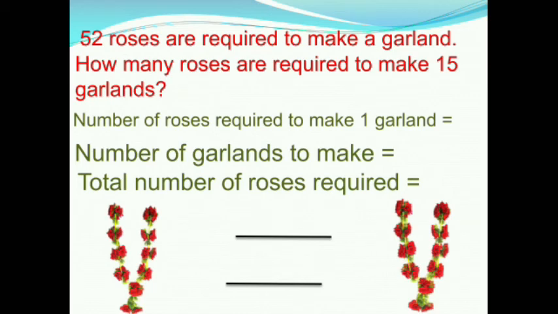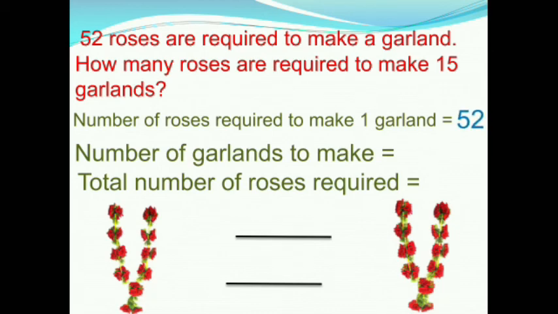Children, see this question. 52 roses are required to make a garland. How many roses are required to make 15 garlands? Children, first here we should write number of roses required to make one garland. How many roses are required to make one garland? Yes, 52 roses are required.